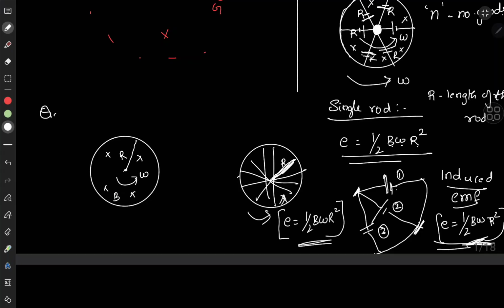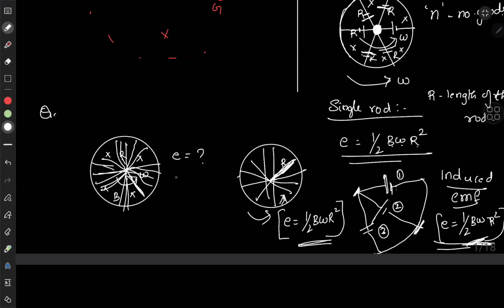Now if they ask the question, what is the induced EMF in the disk, you can easily answer, because the disk is made up of an infinite number of rods. We cannot say any particular number, because it is made up of infinite number of rods like this.